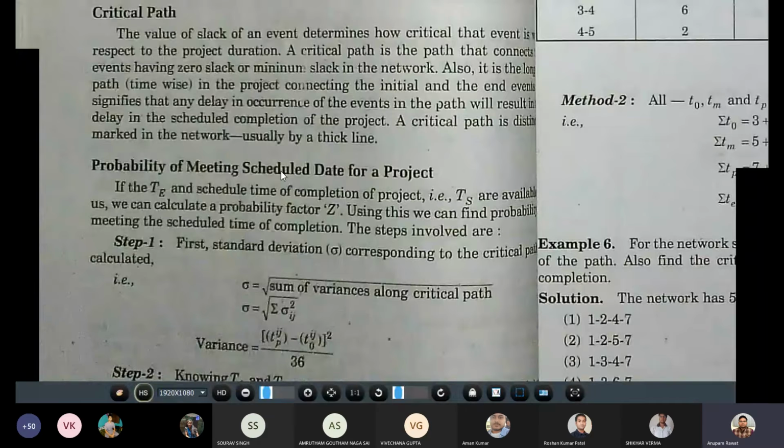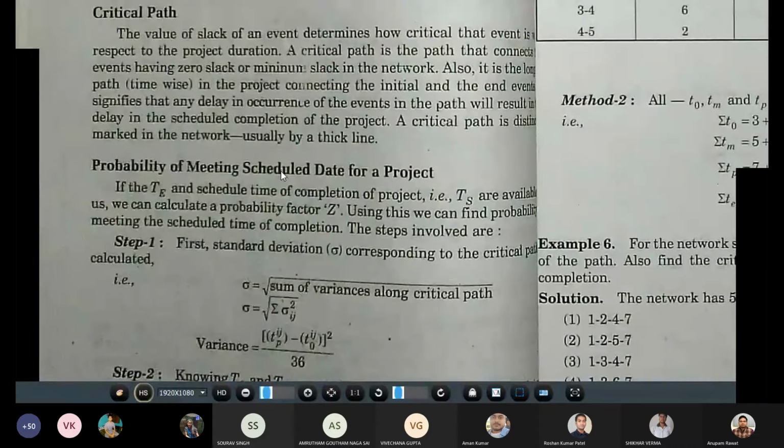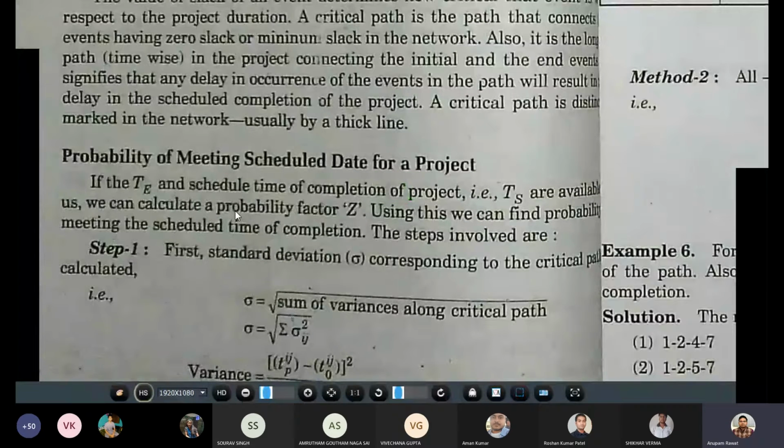A critical path is marked by a thick line. So we will see how the critical path can be obtained. The identification is very easy.